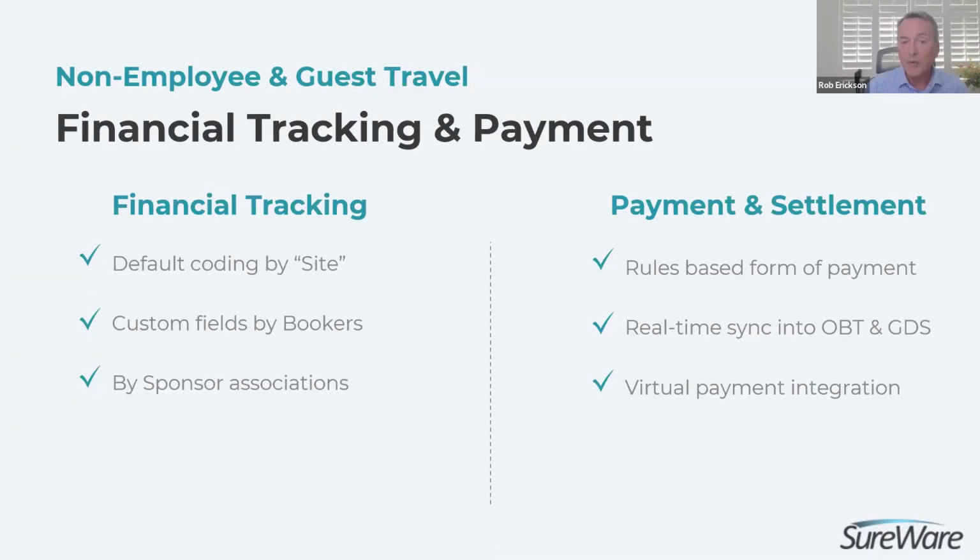We would set what the rules are, pass those payment instructions into the online solution using Concur as an example. And then either a booker or that guest or non-employee simply goes in, makes a reservation, and the default form of payment is already set up for them. Keeping it very simple and no key decisions need to be made around form of payment.